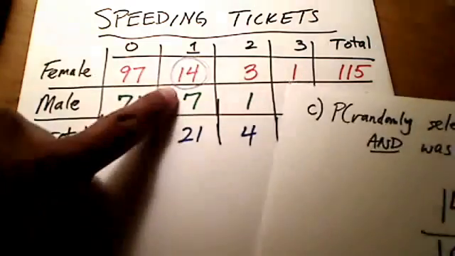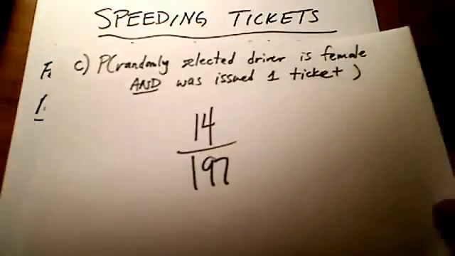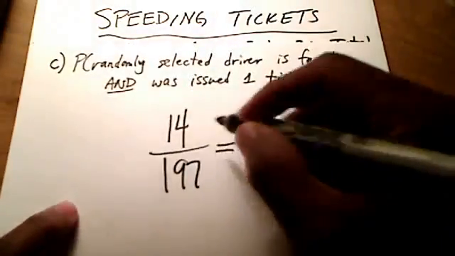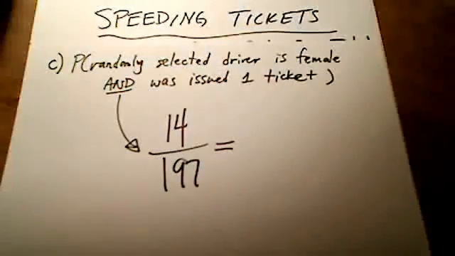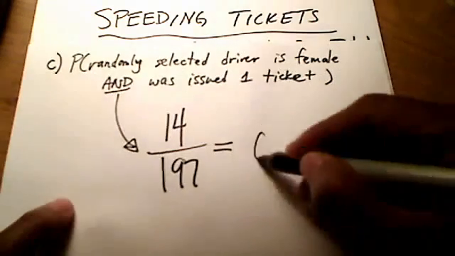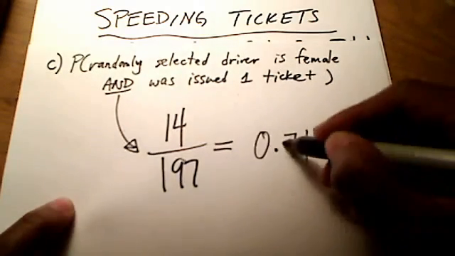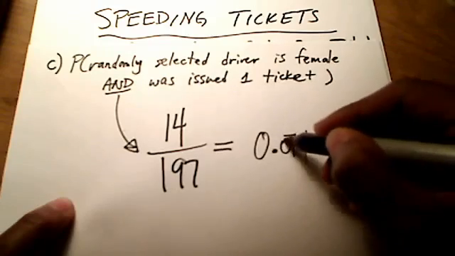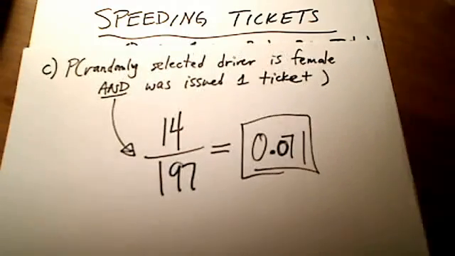So 14 over 197 is my intersection, that's the AND. If you round to 3 decimal places, you should get 0.071.